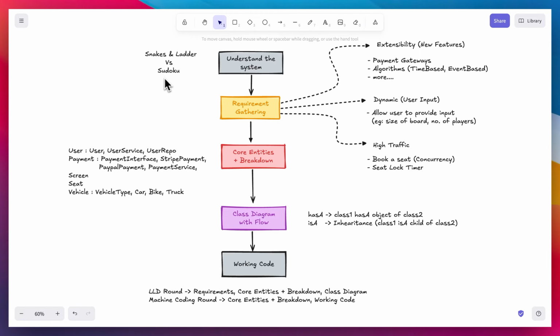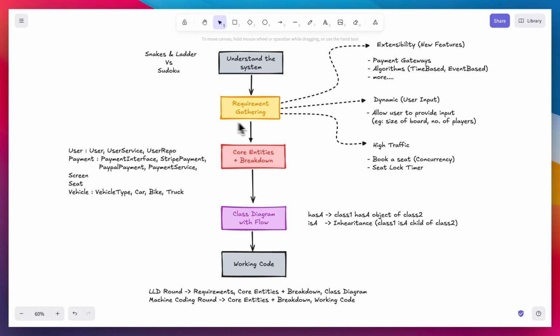So you might not know about Sudoku. Right. So if you don't know anything about Sudoku, then obviously you can't go to the next step. So that's the reason why we would always try to first understand the particular system briefly. Once we understood that system, we would go to the requirement gathering part.